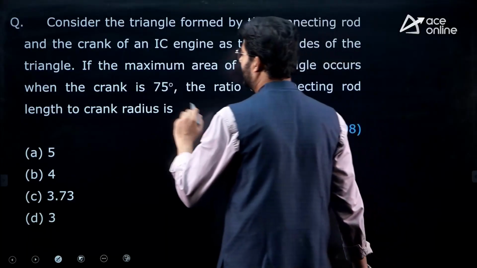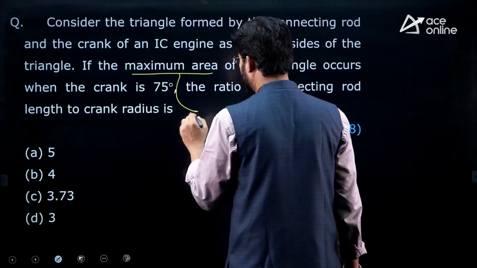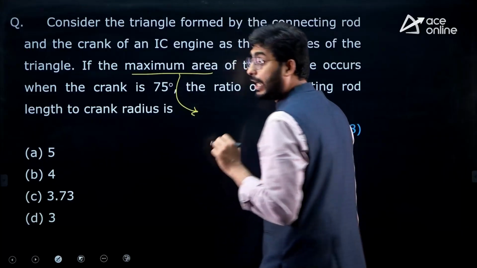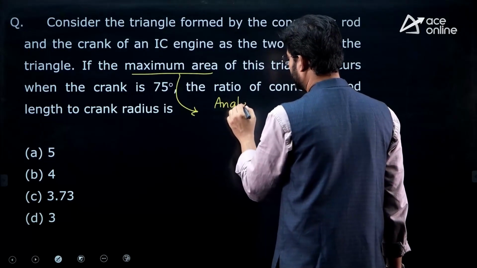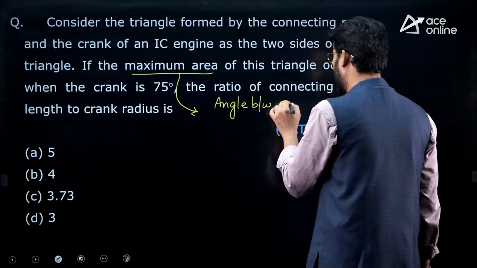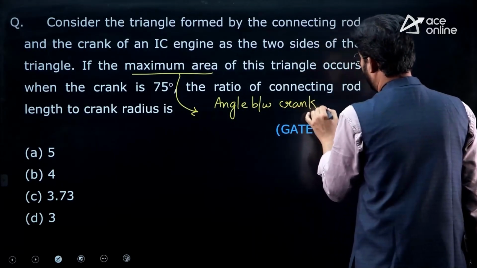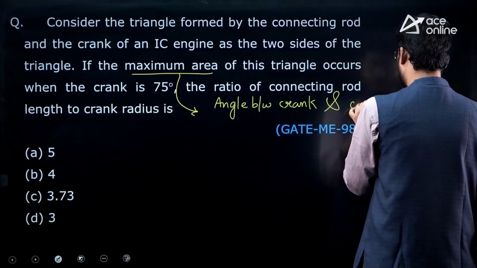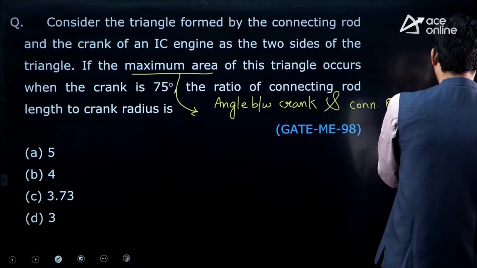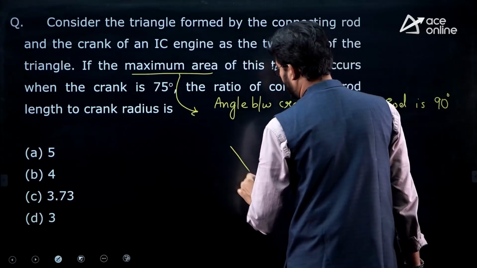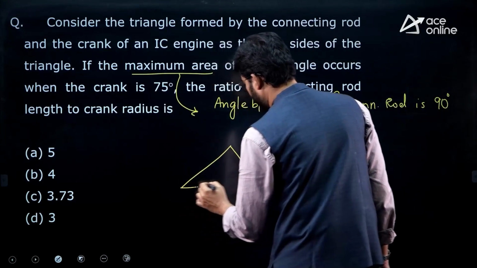So here do remember that maximum area we will get when the angle between crank and connecting rod is 90 degrees. So when we draw the configuration diagram for that, it would be like this.